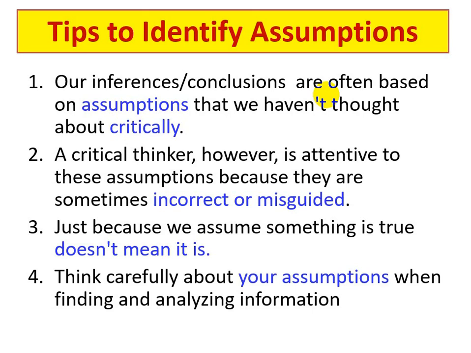I mean, there is a difference between the critical thinker and the ordinary human, because the critical thinker always takes everything critically because he usually analyzes, criticizes, judges, etc. So a critical thinker should be attentive to these assumptions because they may be correct or even incorrect or even misguided.